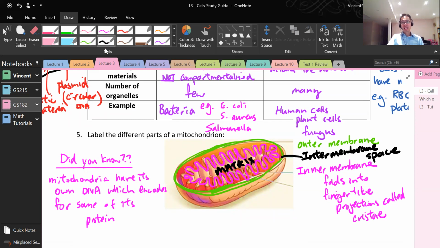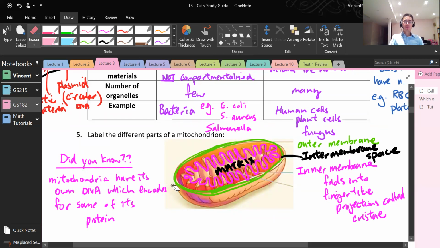Now, because it's DNA, it must be inherited from the previous generation, right? So who gives us our mitochondrial DNA?